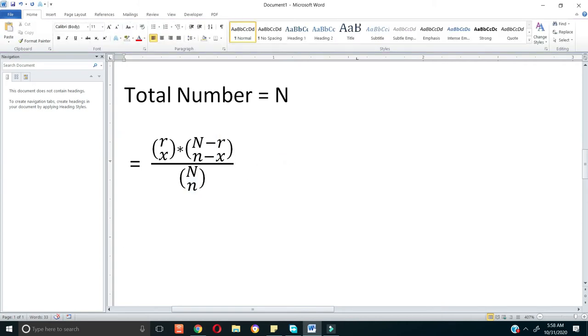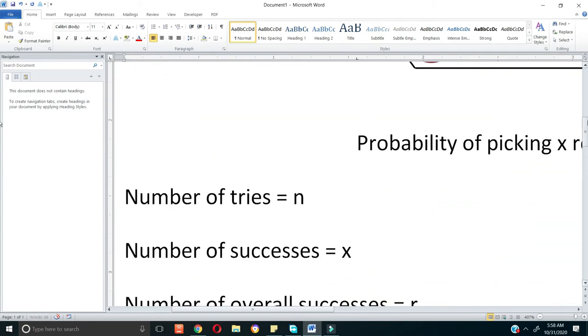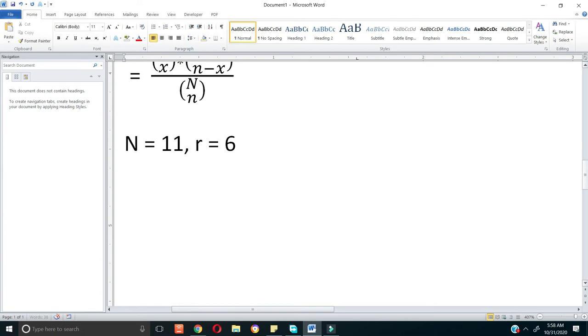So if you go back to our situation, N uppercase is 11, the total number of balls. Of those, the red balls are 6. Let's say we have 5 trials, so 5 different picks, and we are interested in finding the probability that we pick exactly 3 red balls.